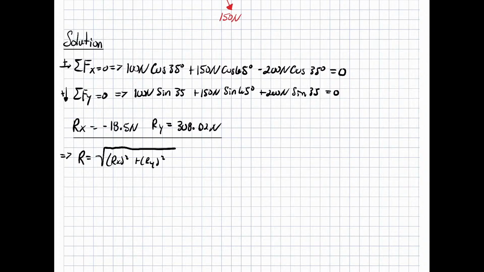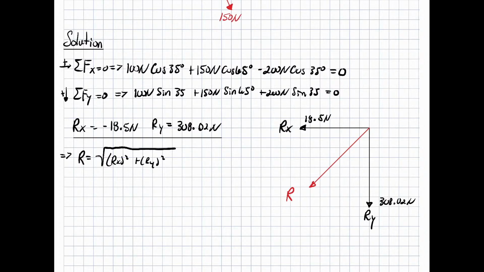To elaborate, we have our basic little graph of our components. We have Rx going this way and Ry going this way. This is 18.5 newtons and 308.02 newtons. Our resultant is going to be in between those two.